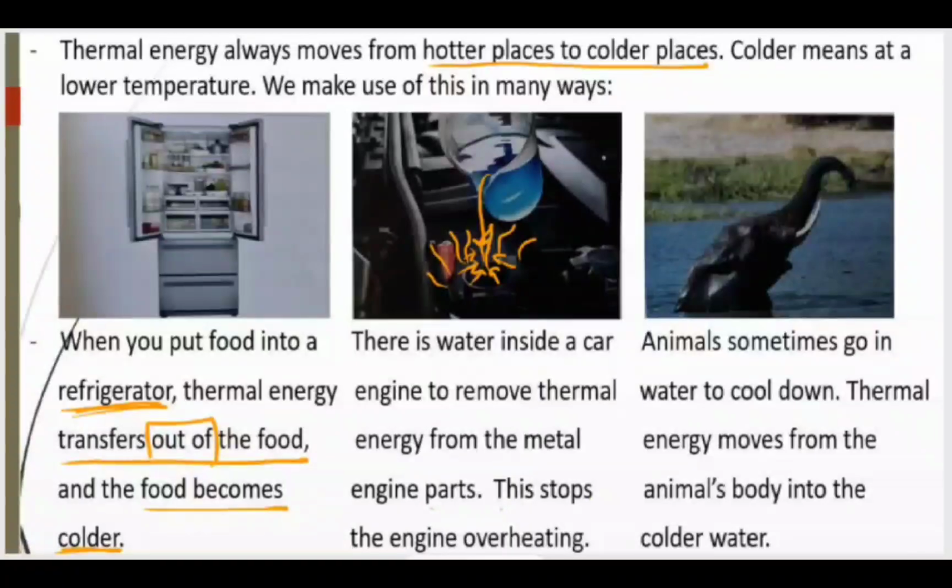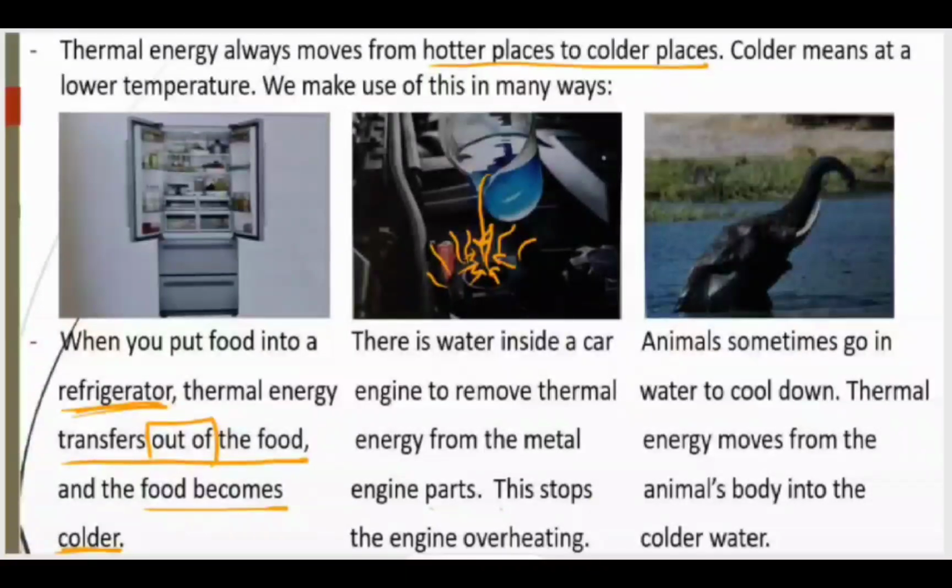The temperature of the water and the engine come up to the same temperature. The engine will cool down, the water will heat up, and they will be at the same level.